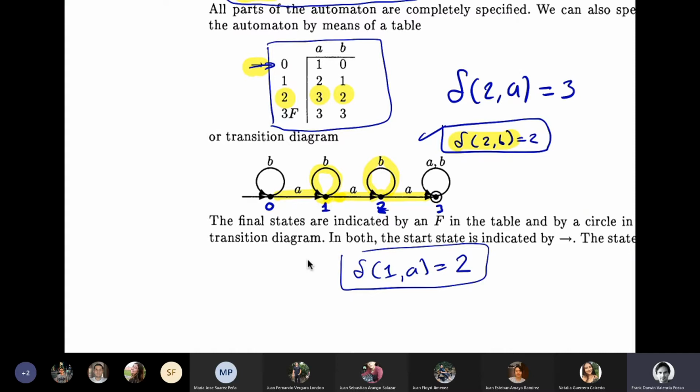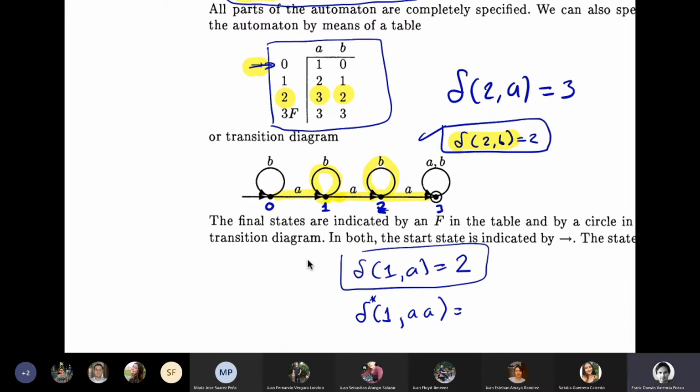Now the question is, what would delta of 1, let's call it delta star, of A B be? You try to understand this. I haven't defined that properly, but basically the difference with this delta star is that here the input is a symbol from the alphabet. Here it's a string over the alphabet. So it could be many symbols.